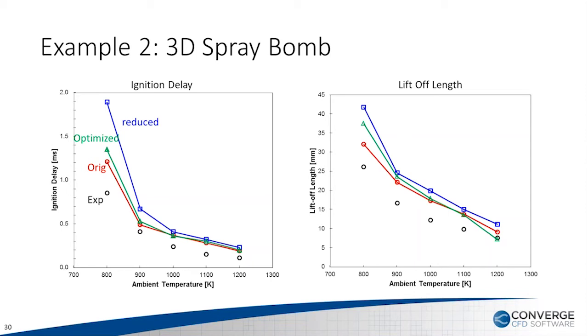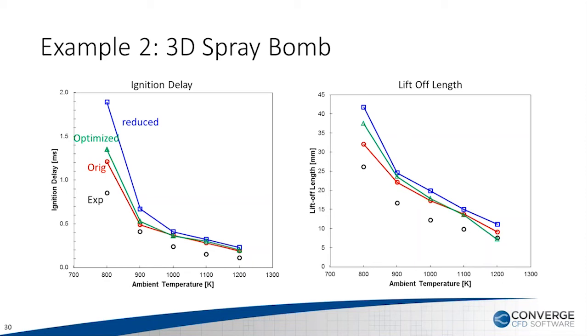And we reduce this mechanism to about 100 species. And we run the 3D spray case again. Then you can see the ignition delay, shown as blue here, is getting off because of the error introduced from reduction.